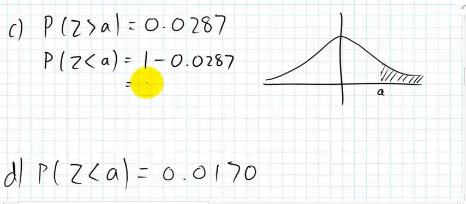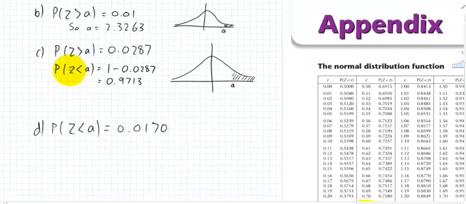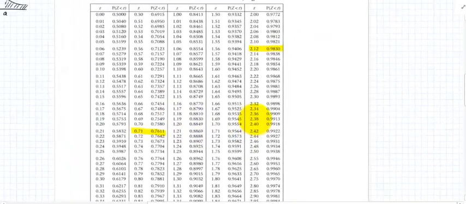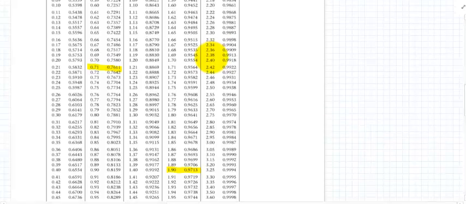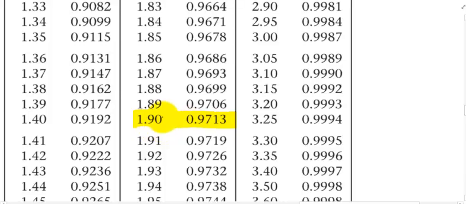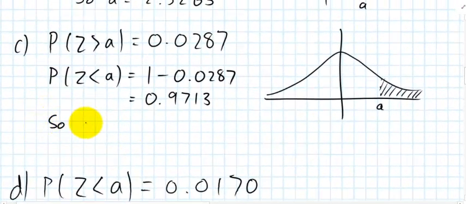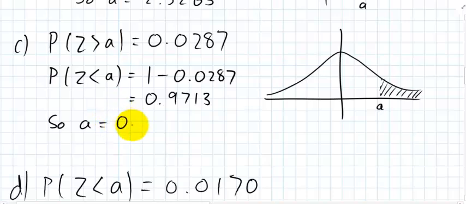And this equals 0.9713, and so we just need to look up this table. In the big table, 0.9713 is right here, and I've highlighted it already because I found it before. And so the Z value is 1.90. So A is 1.90.